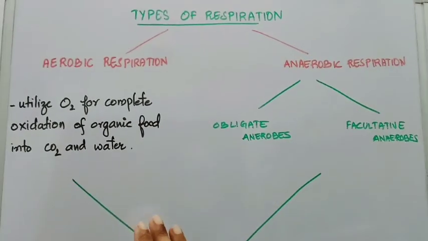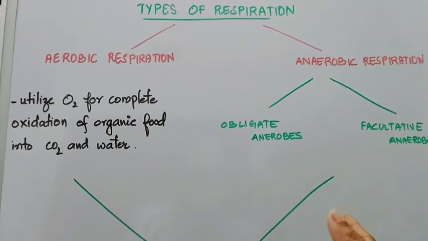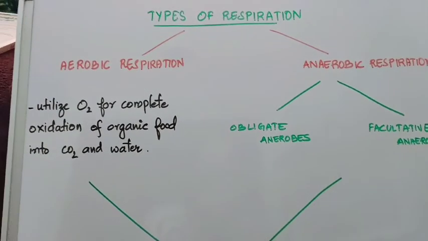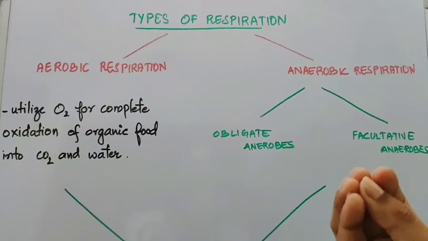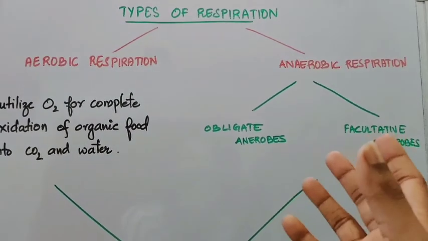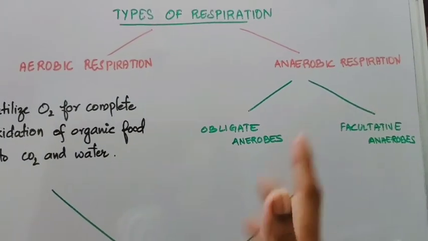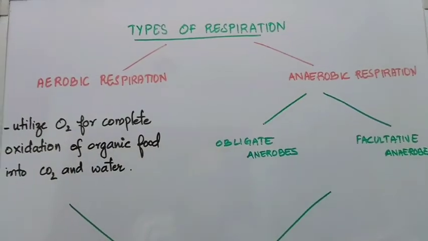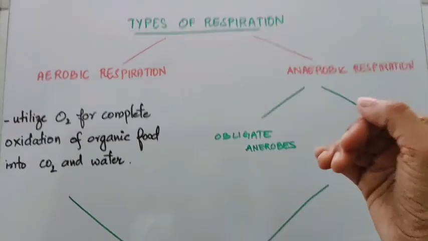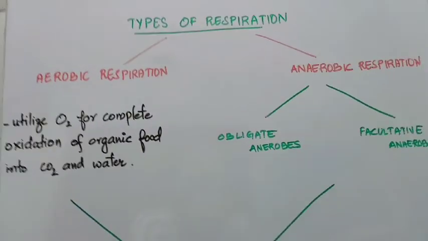Be it aerobic respiration or anaerobic respiration, all organisms have some kind of similarity. When the first organisms were formed on our earth, it is said that the conditions at that time were more anaerobic. That is, the concentration of oxygen was nil, and most of the organisms were anaerobic in nature.